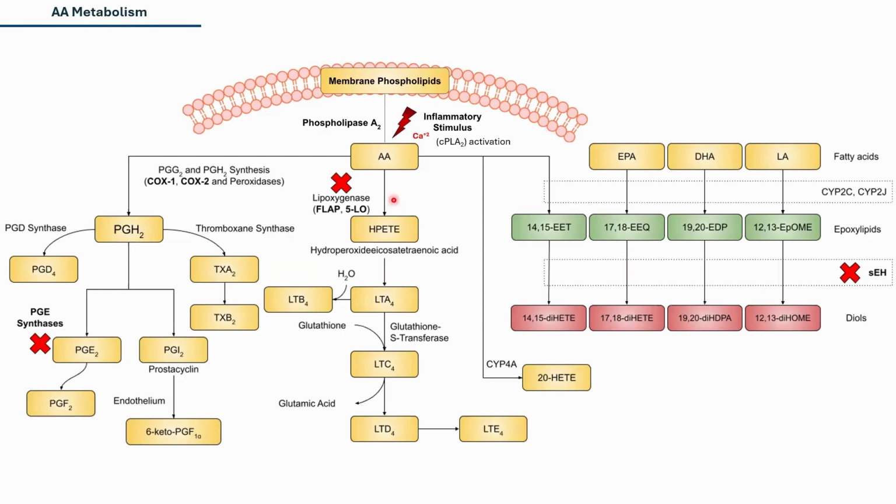An additional approach might be the inhibition of the soluble epoxide hydrolase enzyme. This enzyme metabolizes epoxylipids, which are endogenous and helpful for us to treat inflammatory conditions. So if we block their metabolism, we will stop their conversion to inactive diols, and that could be an alternative inflammatory treatment approach.